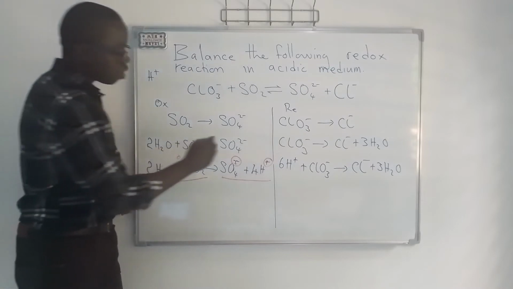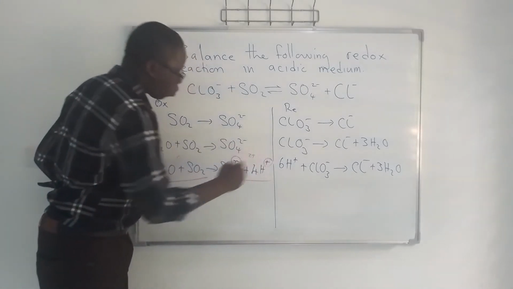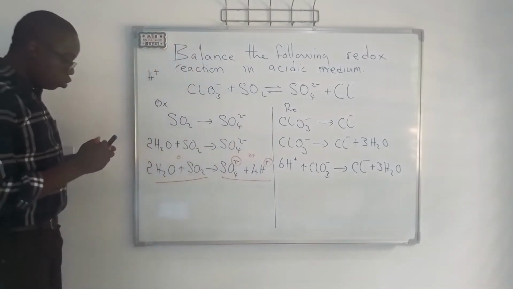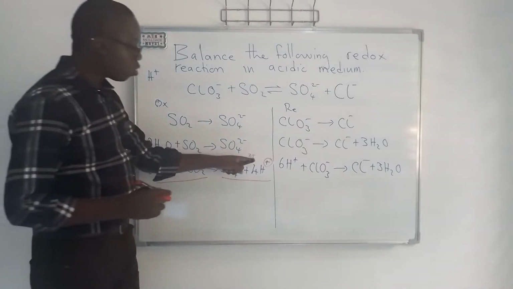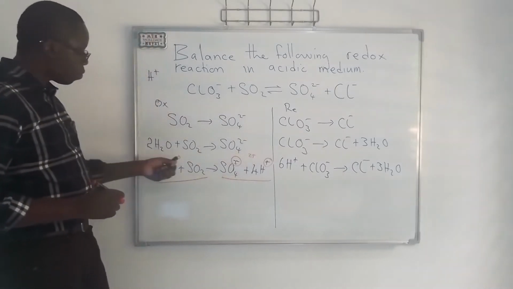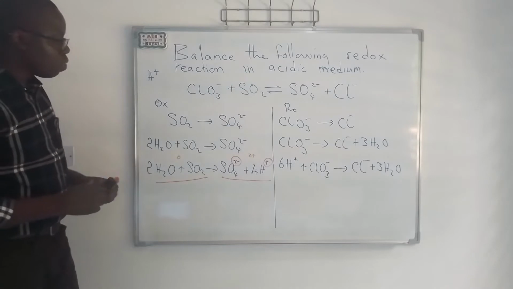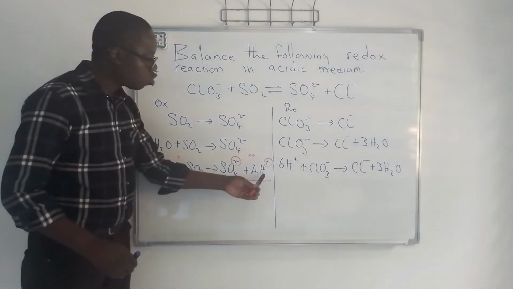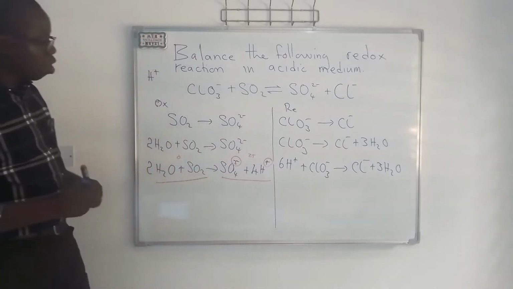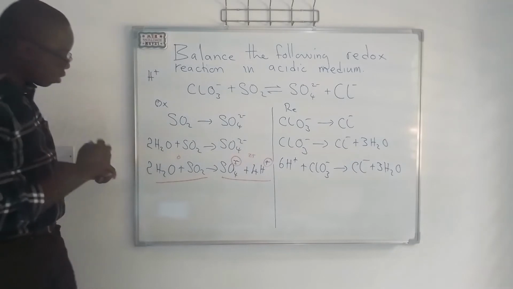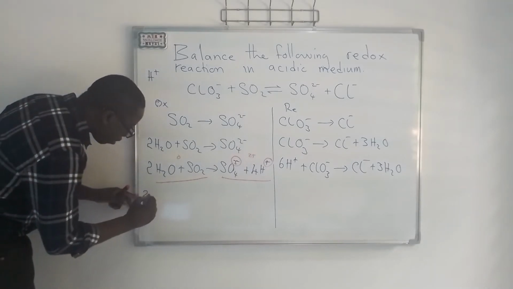So the difference is +2. Now, what do we do to reduce this +2 to become 0? We are simply saying we'll introduce 2 electrons on the product part. So we'll rewrite the equation.